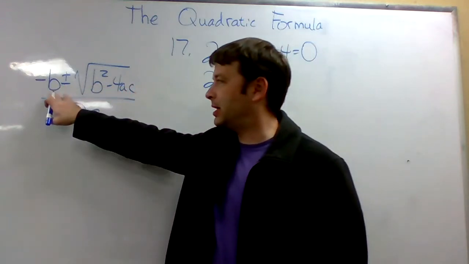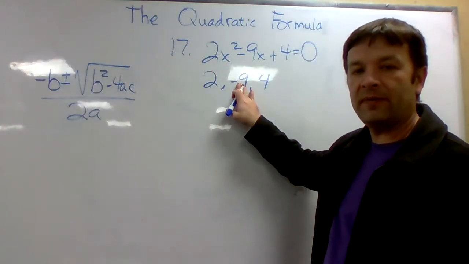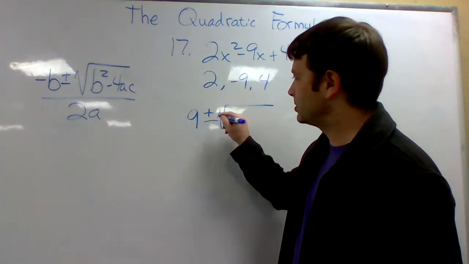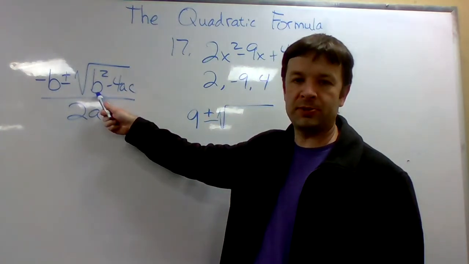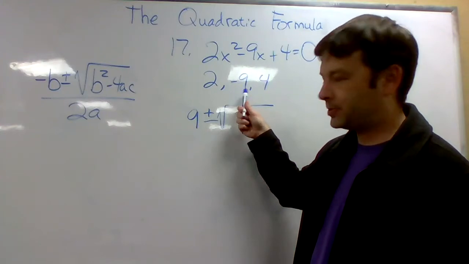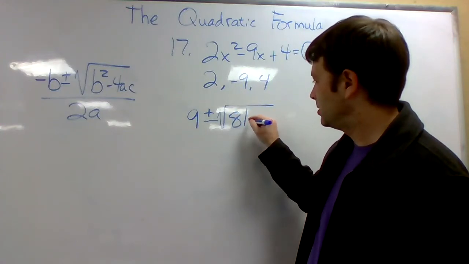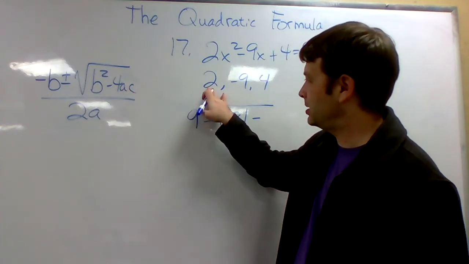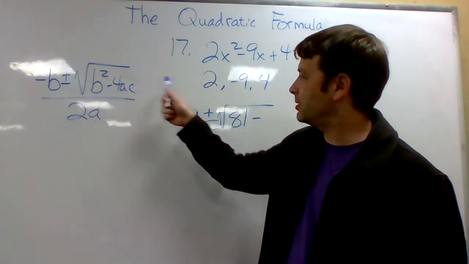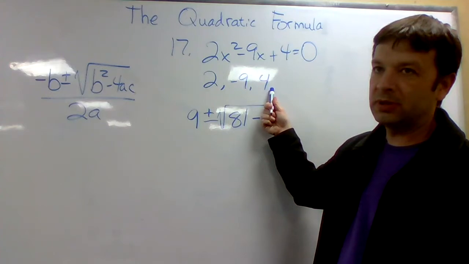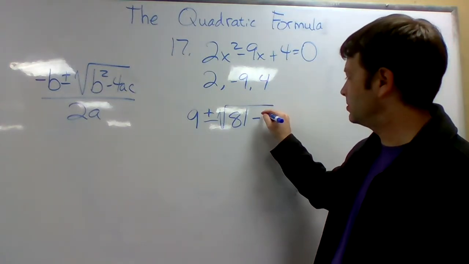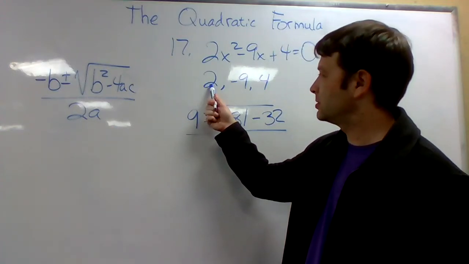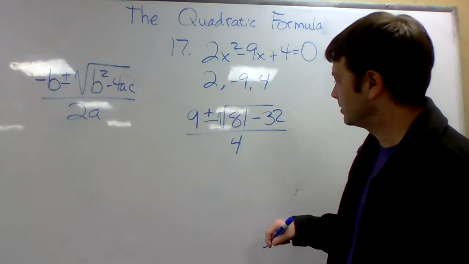So I need negative B, negative 9, positive 9, plus or minus square root of B squared, negative 9 times negative 9, 81, minus 4 times A times C. 4 times 2 times 4. 4 times 2 is 8, times 4 is 32. Over 2 times 2, 4.